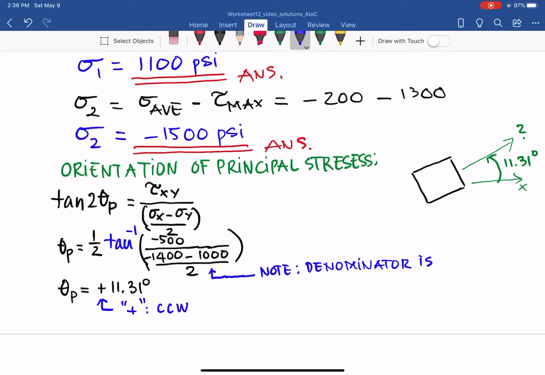It's a negative number. We don't need to see the magnitude; we want to see whether it's positive or negative. In this case, it is negative. What does that mean?